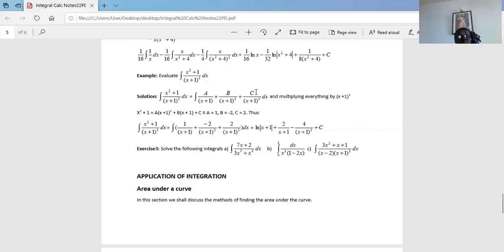C is the same, x to power 0. And evaluate the values of a, b, and c, then integrate. And you can now try these examples here as a practice exercise for you, and you can get more also.